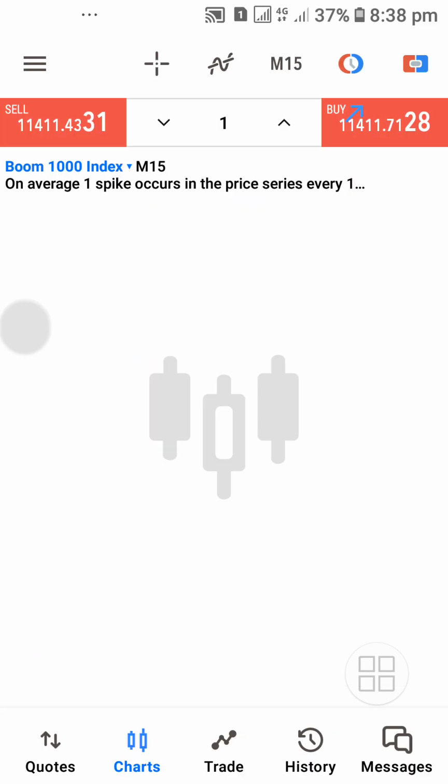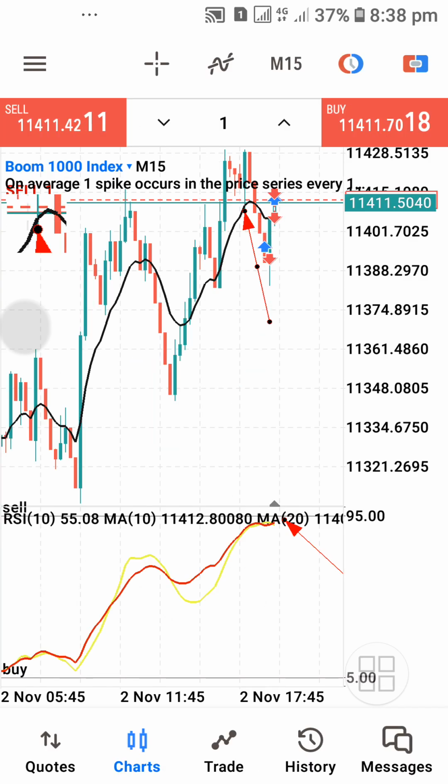At this point, this is a moving average. You can see the black line across the chart. Once the sellers break below this, it shows that this market is heading down. It's a downtrend.